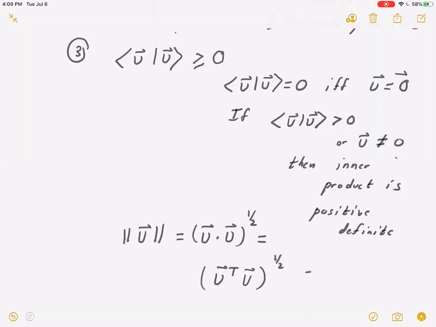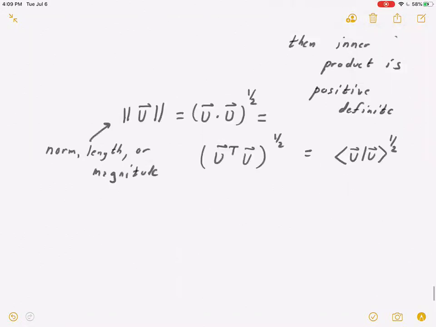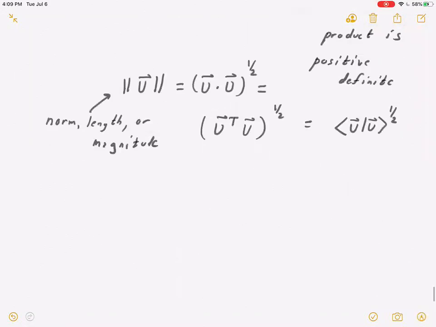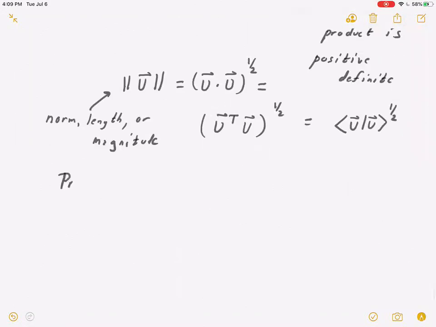But that's the same thing as the square root of the inner product of a vector with itself. This, of course, is the norm, length, or magnitude of u. Okay, so that's going to wrap up where we are today.